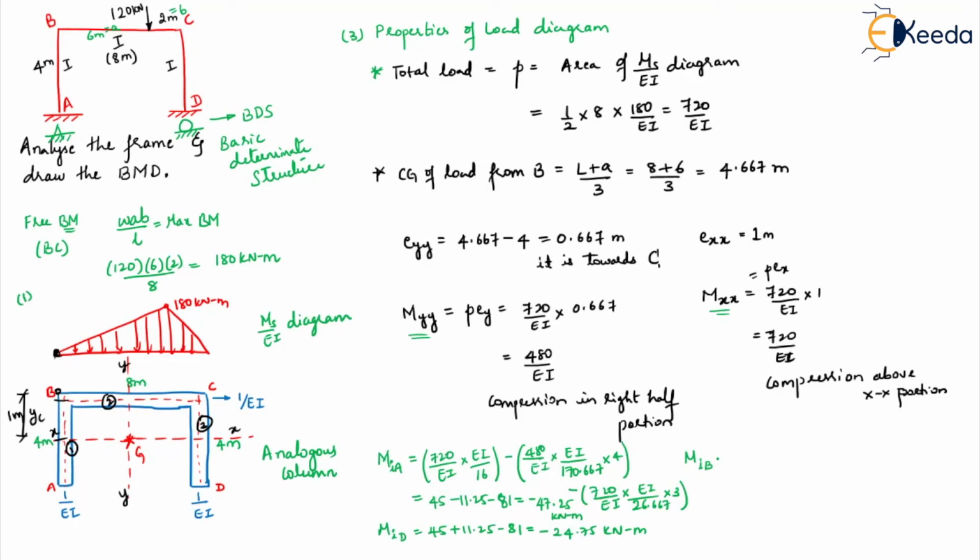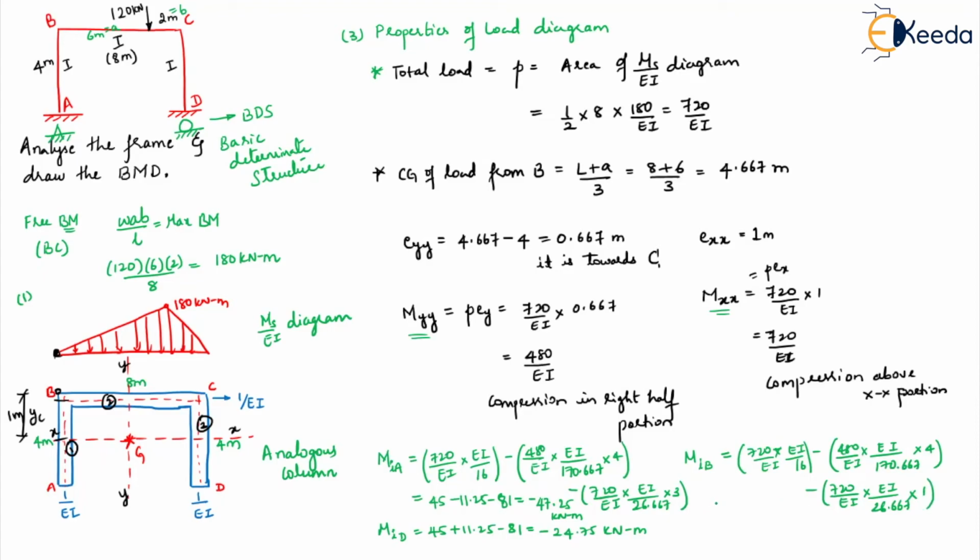Now for MIB, everything is same other than this value where the distance will change. So it's 720 by EI into EI by 16 minus 480 by EI into EI by 170.667 into 4. And finally, it will be minus 720 by EI into EI by 26.667 into, instead of 3, 1 will come.